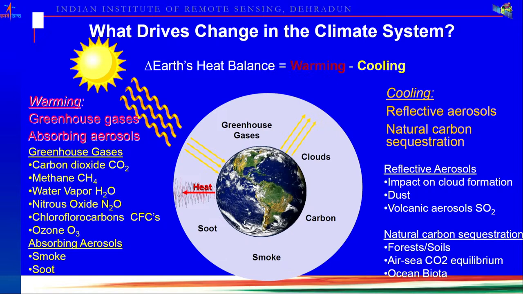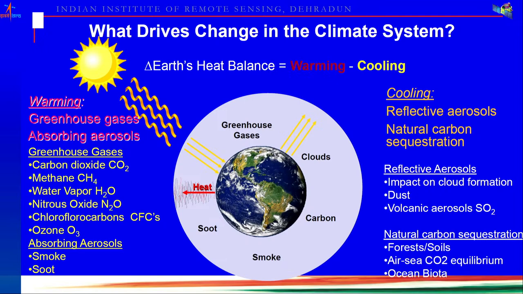Similarly, there are certain cooling aerosols and processes, like natural carbon sequestration by terrestrial vegetation, dust, volcanic aerosol, forest soil, and ocean bodies. So there needs to be a balance between warming and cooling. If there is a balance, life sustains on the earth.